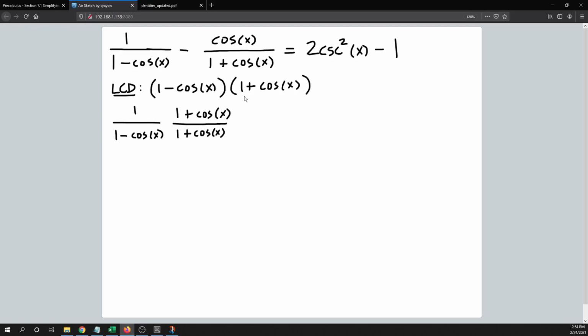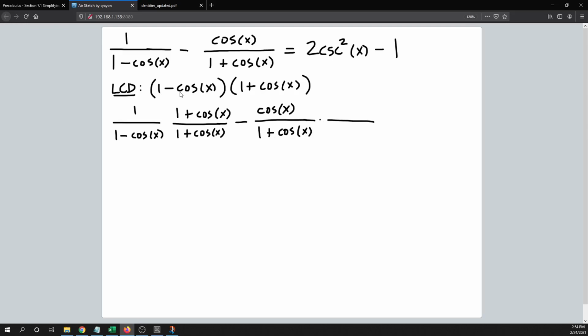All right, and then I have the minus. And then the next fraction, I would do the same thing. I would look at this denominator and say, okay, what is it missing from the LCD? It's missing the 1 minus cosine x.